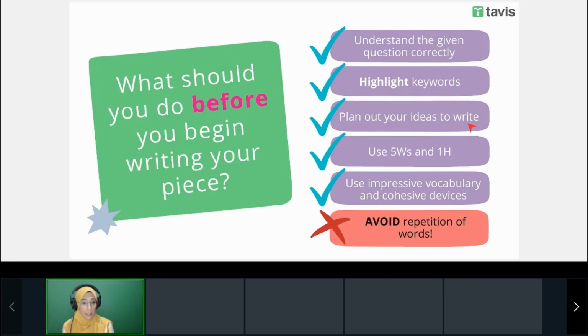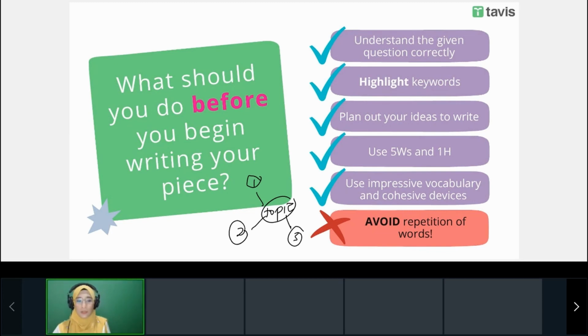So plan carefully. I already told you in the previous classes, try and use a bubble diagram, try and use a spider diagram. So for example, as simple as this, this is your topic, and this will be idea 1, then idea 2, and idea 3.